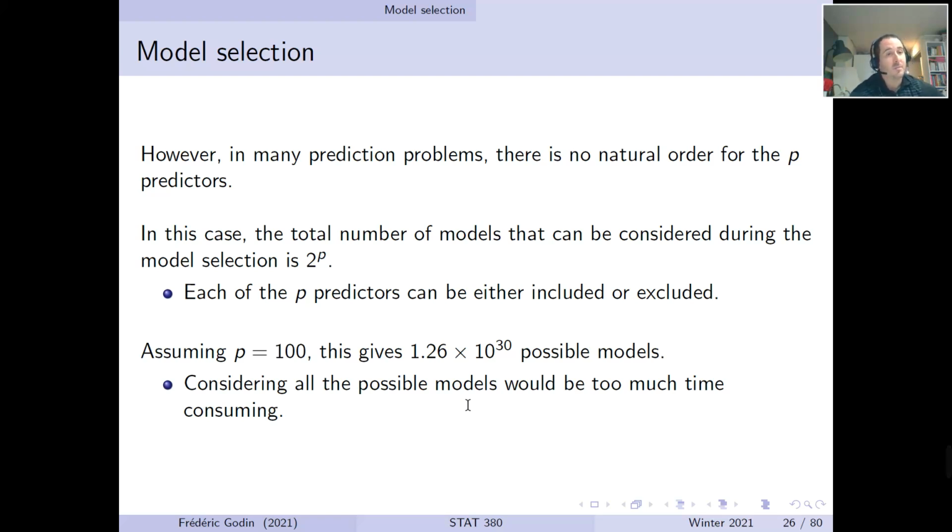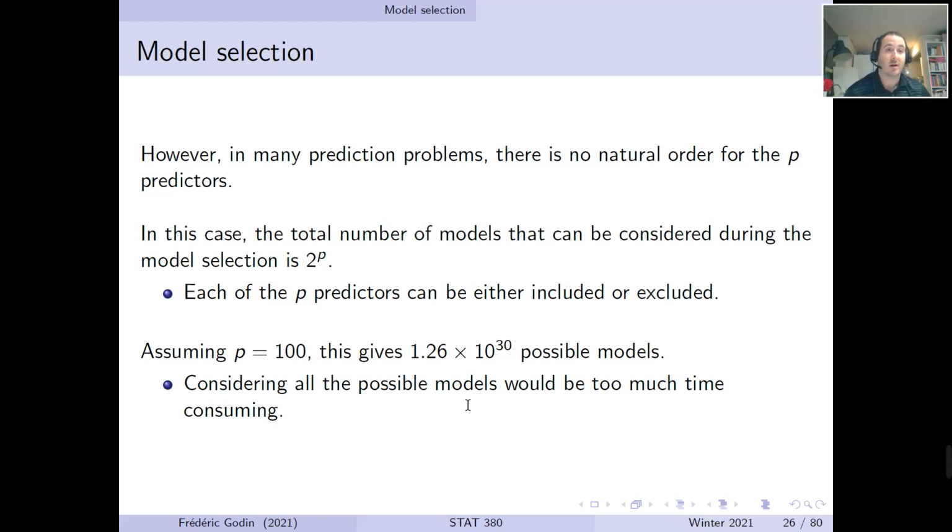So there's no order for inclusion of covariates or explanatory variables. In this case, the total number of models that should be considered during the training is not p, it's 2 to the power p.